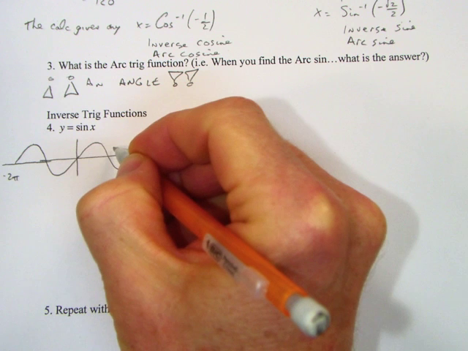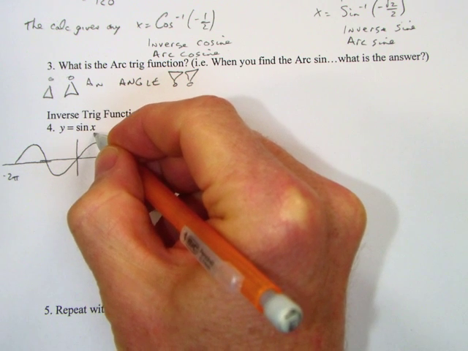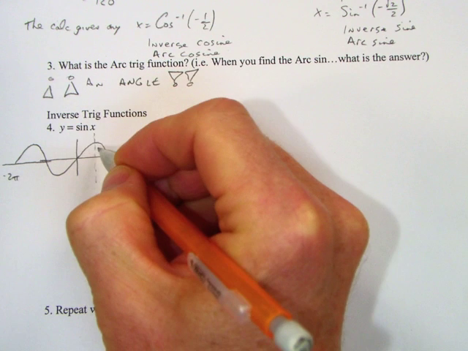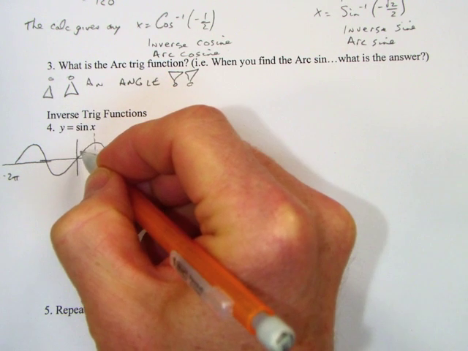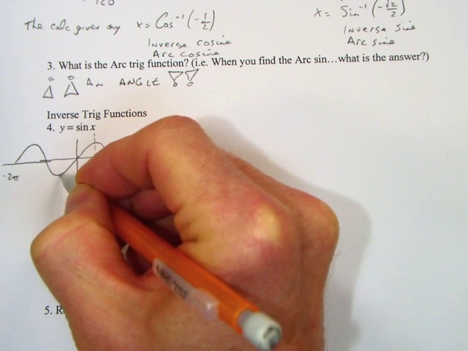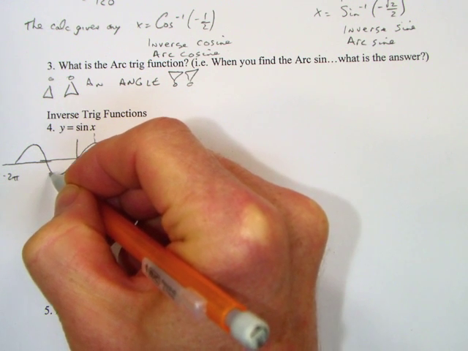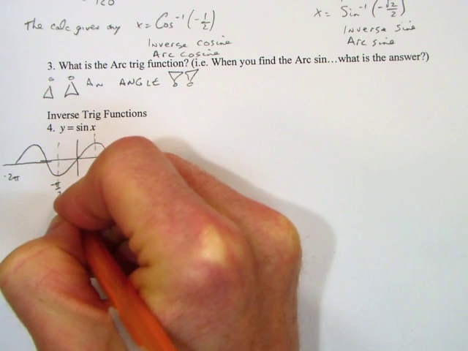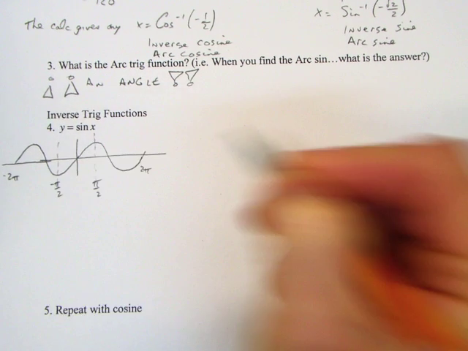No, it still doesn't pass a horizontal line test. But I know I'm going to include my first quadrant. So if I can't continue forward, because it starts going down, I'm going to have to go backwards. And I keep on going until it stops or it comes back up. So that's going to be at this point. So I'm going to go from negative pi over 2 to pi over 2.